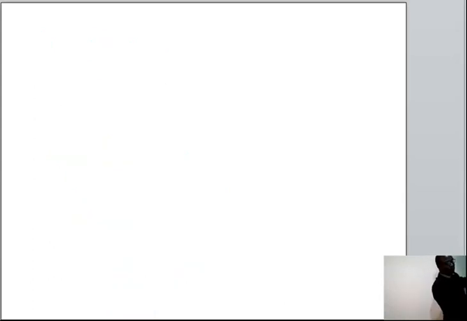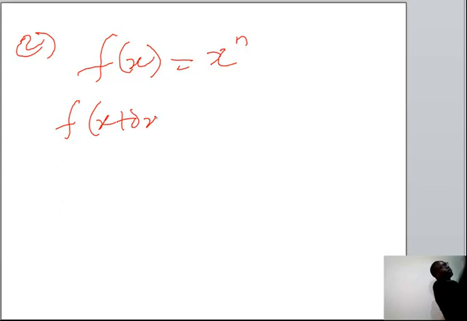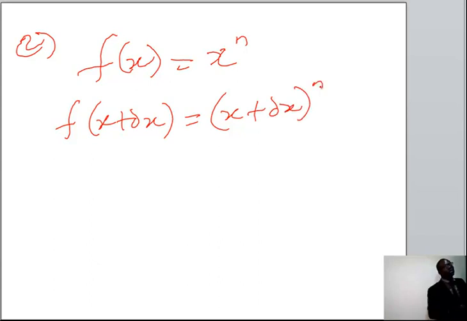Now, for the second one, where we have to define the derivative of a power function, let us consider f of x equal to what? x raised to power what? n. In this situation, you find your f of x plus dx again. Now, in this situation, your f of x plus dx will become x plus dx raised to power n.